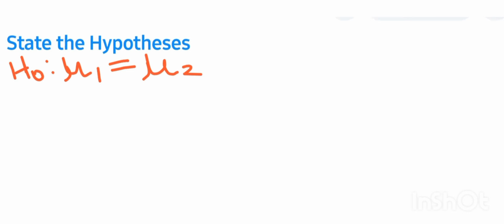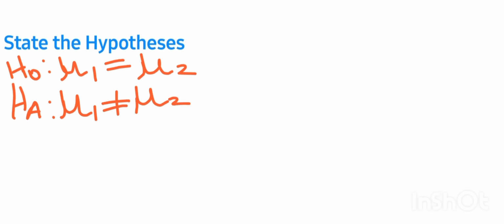So what the null is simply saying is that the new medicine and the current medicine have equal effect in reducing blood pressure. Next is to state the alternative hypothesis, which states that the new medicine and the current medicine are not equal. So what the alternative hypothesis is saying is that the effect of the new medicine and that of the current medicine are not equal.